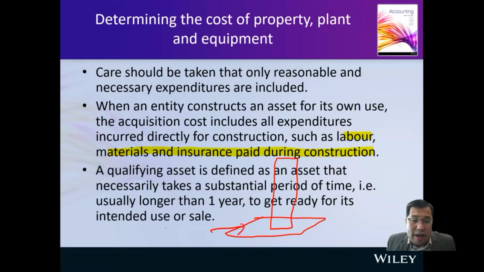To construct a tower, you need the materials, maybe all the bricks, cements, irons, steels, concrete. So you need to build. This is all the material.